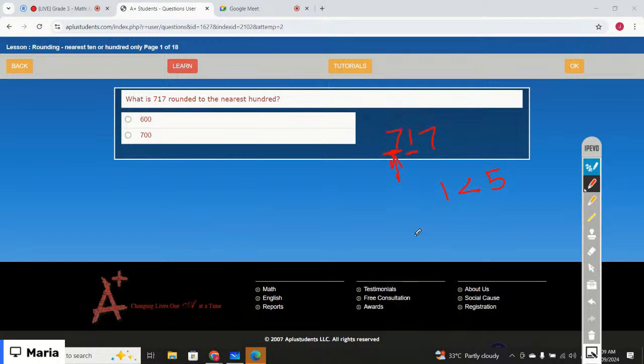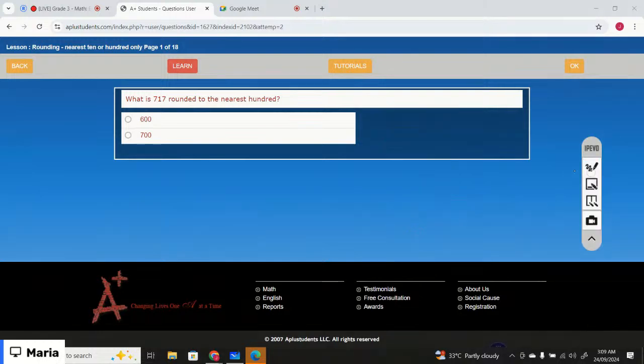Replace the two digits with 0 because that is less than 5. So you need to round on the same 100. So 717 is rounded off to 700. The correct option is 700. Very good.